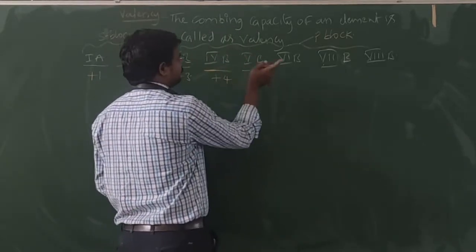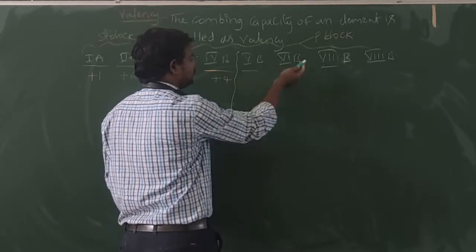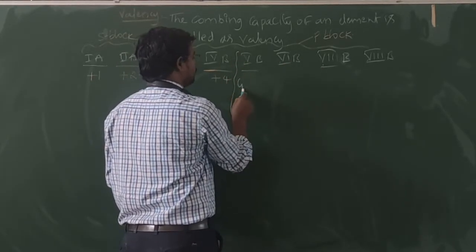See, from the fifth group onwards, we have to write valency as group number minus 8.